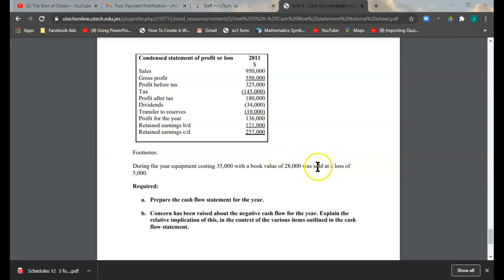Now the fact that they sold it at a loss of $5,000 means that they sold it for less than it was worth. If it was sold at a loss of $5,000, it meant that the cash that they got, the proceeds from the sale, was $23,000. So when we get into the calculations, we will revisit this note.